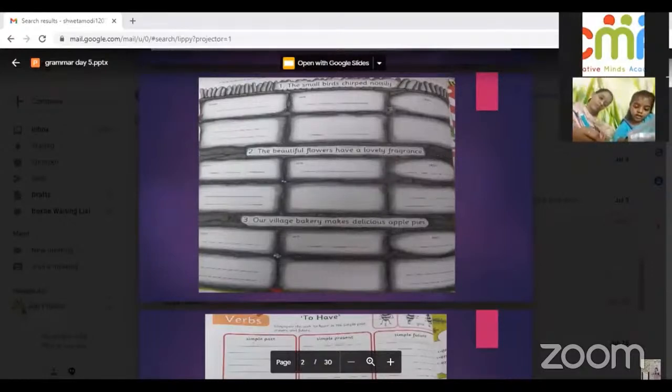For example, let's take the first sentence: The small birds chirped noisily. Now, which is the subject here? Can anybody tell me which is the subject here? Birds. Small birds.